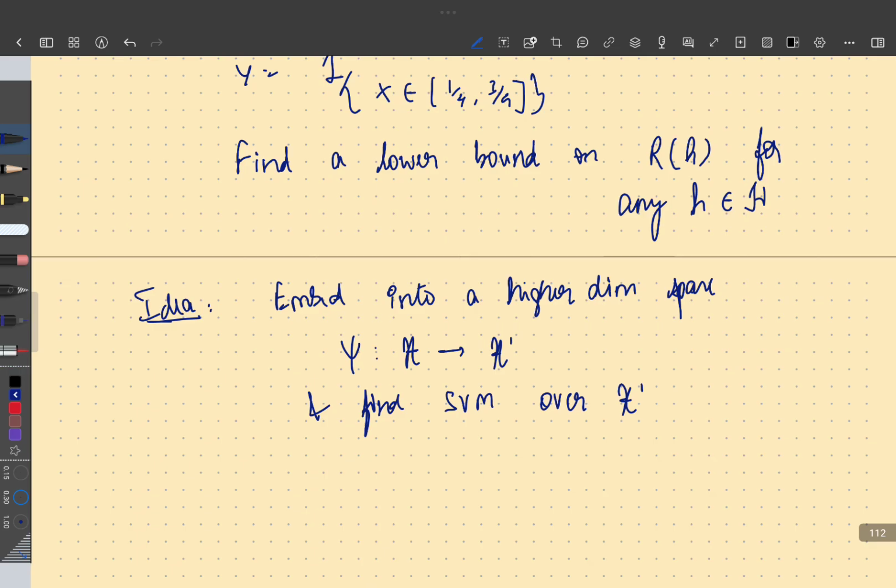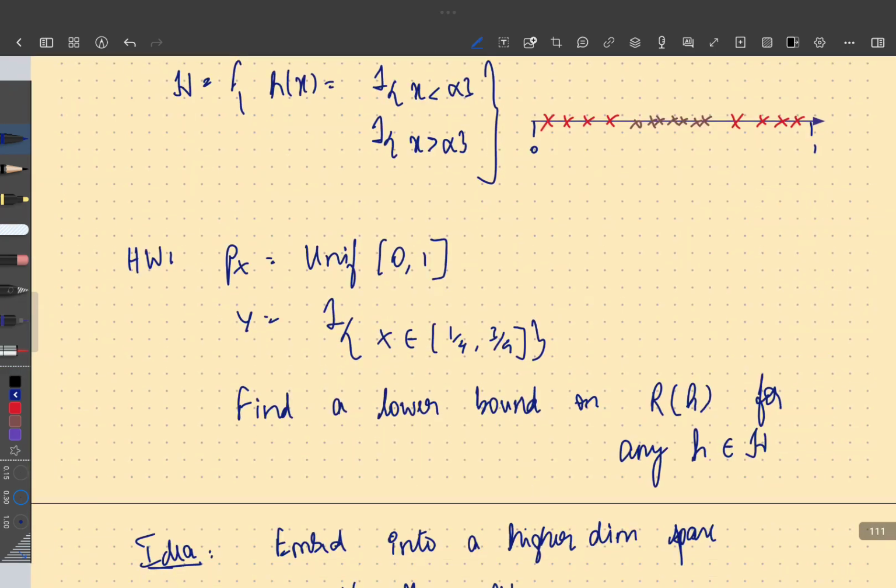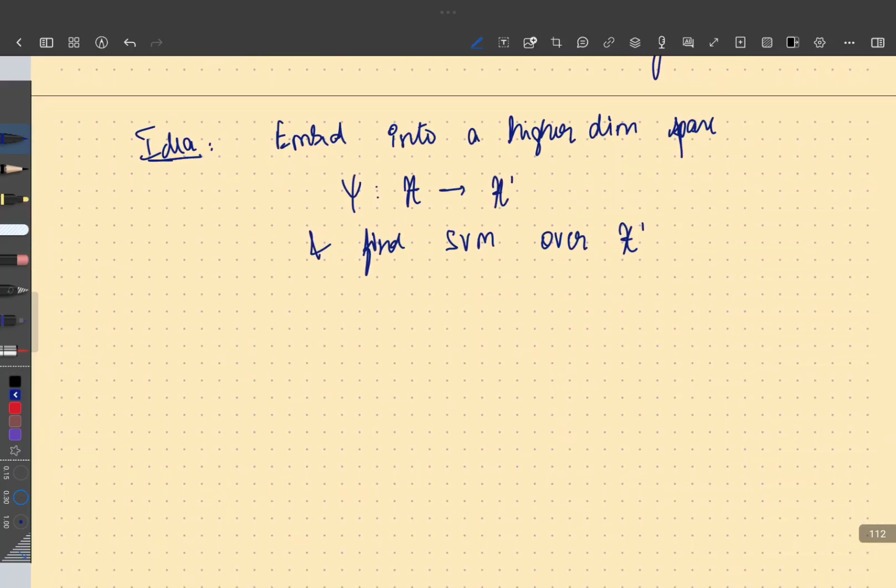All right. And why can we even hope for this to work? Let's go back to the previous example and look at the following embedding.